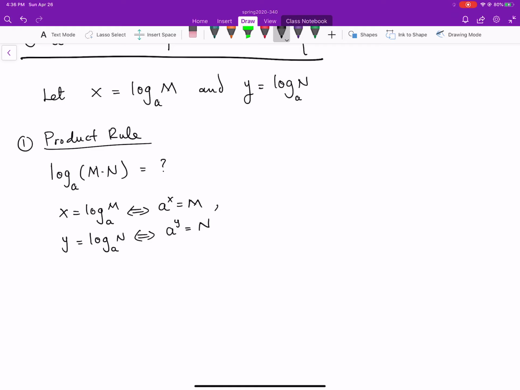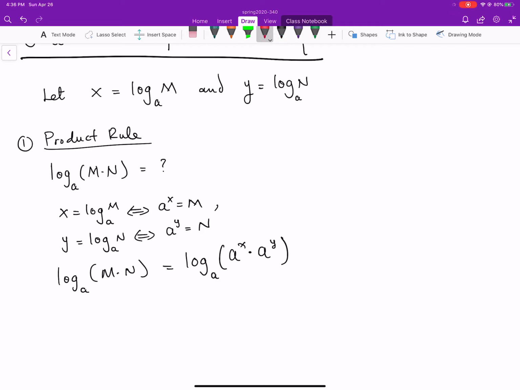Well, I can do a quick substitution back into the log a of m times n. So log a of m times n is going to be equivalent to log a, and if I substitute what m and n are as exponents, then I get a to the x times a to the y.